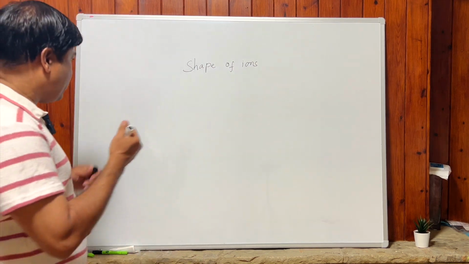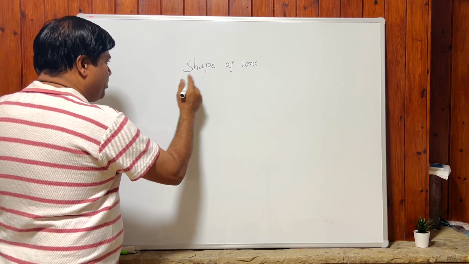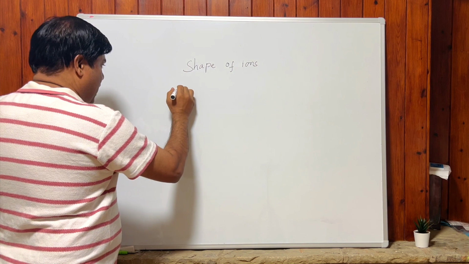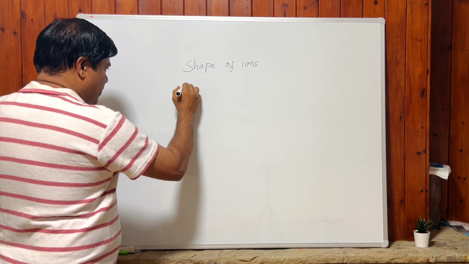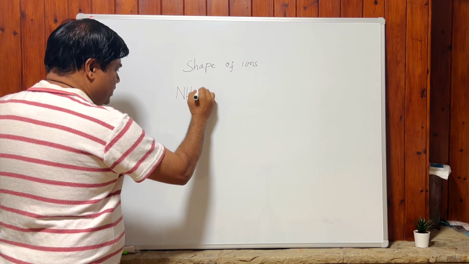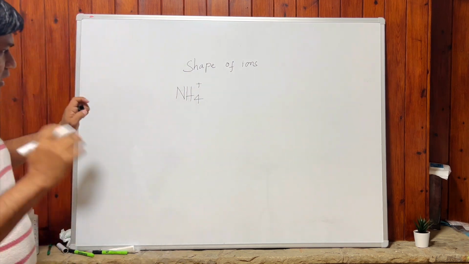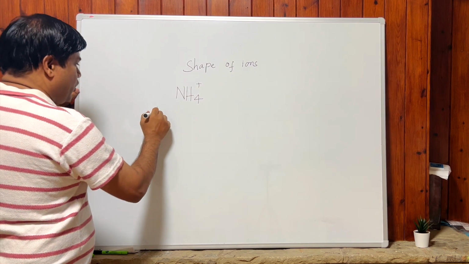Let's see. First, we will do the ammonium positive ion, NH4+. Whenever we have a positive charge, we end with -ium, ammonium. Shape and bond angle of ammonium.